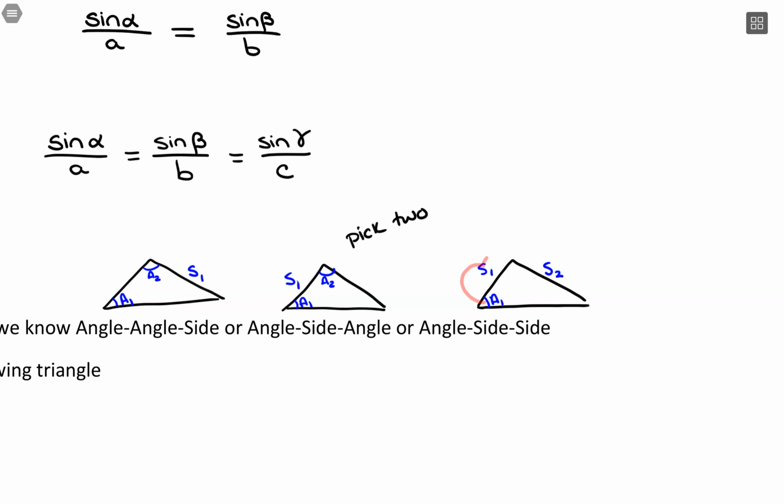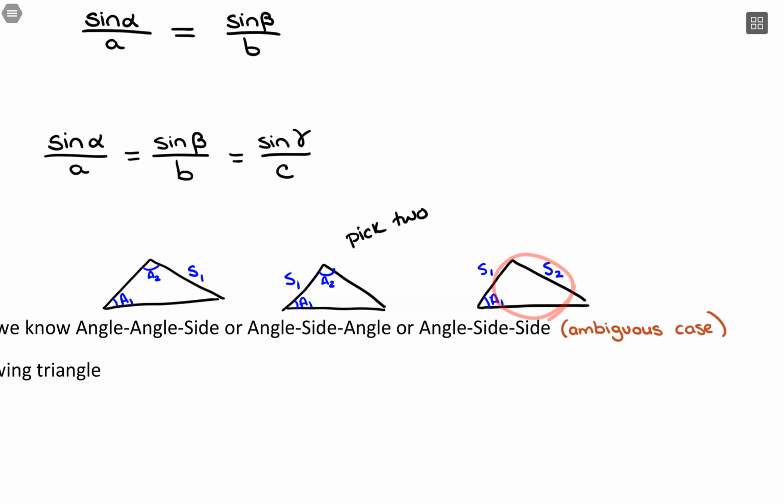Angle, side, side. Now this one at the end here is also called the ambiguous case. We're going to be talking about this one quite a bit in future videos, because sometimes this could lead to a triangle that actually doesn't work. Sometimes it could lead to two triangles working.